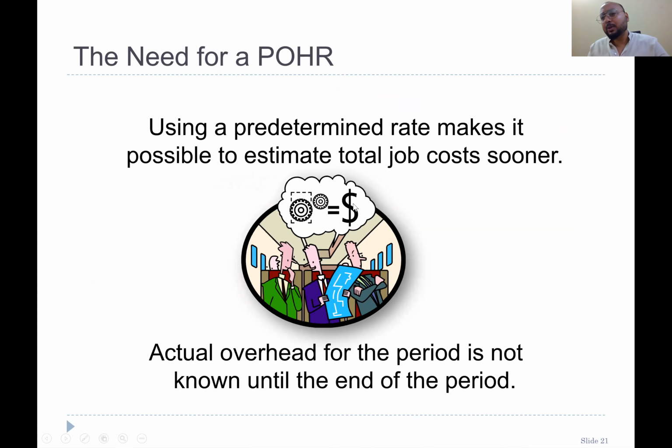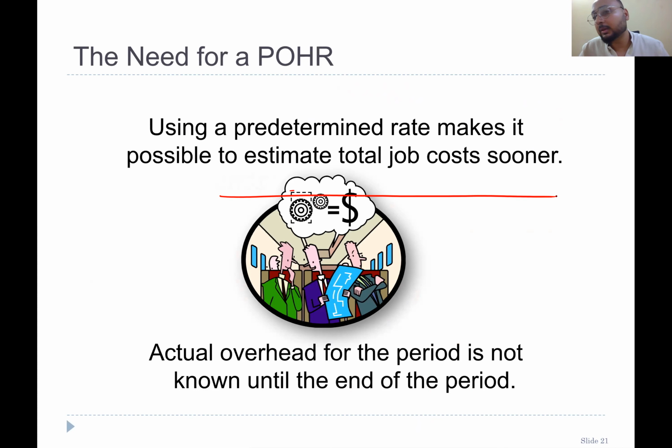So why is there a need of POHR? Like I tell you, using a predetermined overhead rate makes it possible to estimate total job cost sooner. If you receive the order and the company is waiting for confirmation, you can easily reject or accept the order based on, okay, this would be our cost. If the company is giving us higher cost, of course our profit is going to be included.